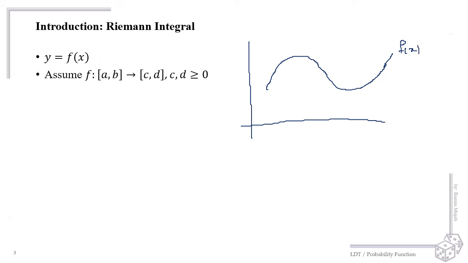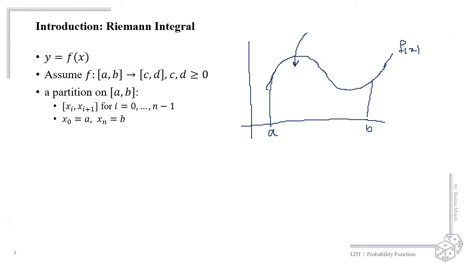We want to calculate the area in this region, A and B. In order to do so, we define a partition on A and B. This partition is xi to xi plus 1 for i from 0 to n minus 1. x0 is A and xn is B, which means that we'll have x1 here, we'll have x2 here, and so on. We'll have, for example, x10 here.